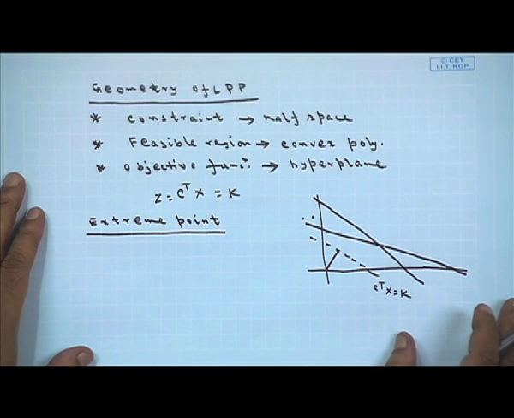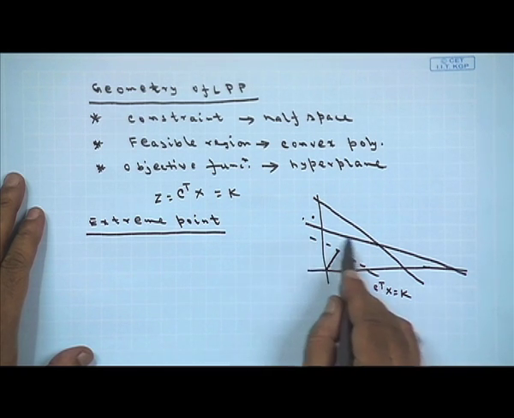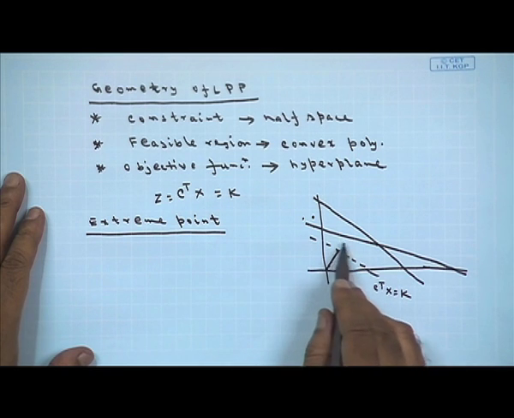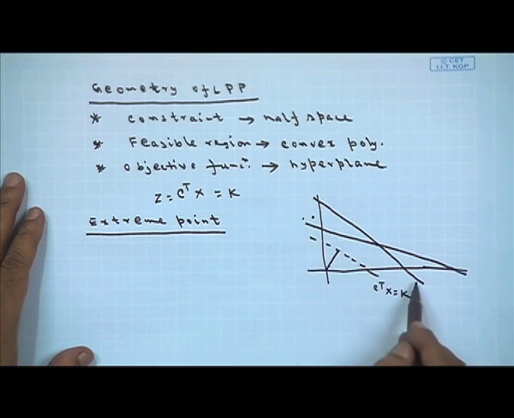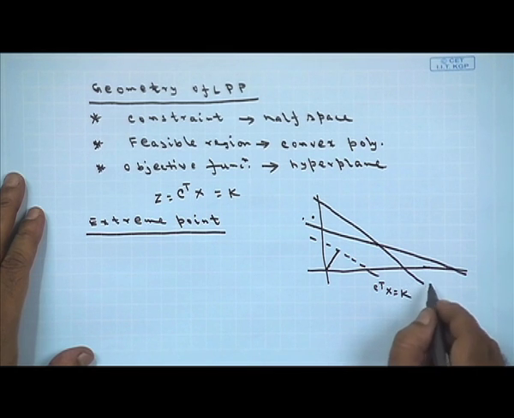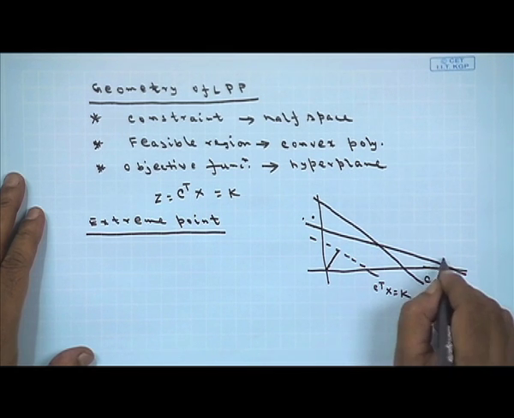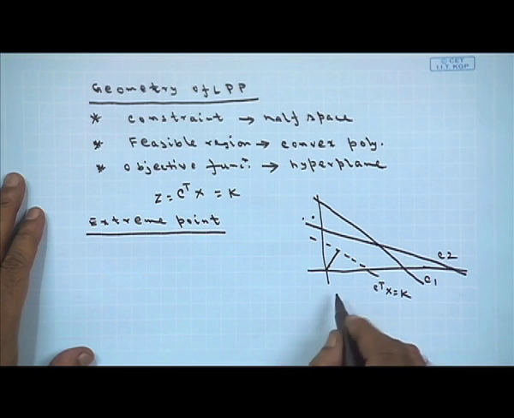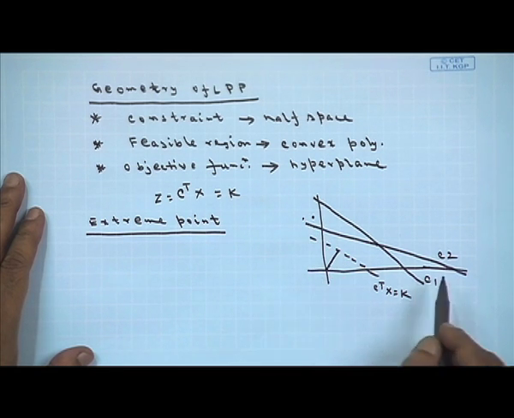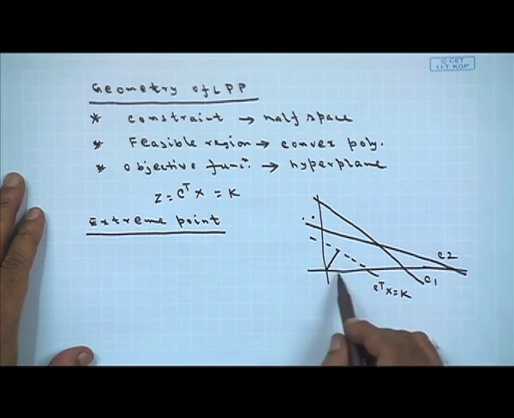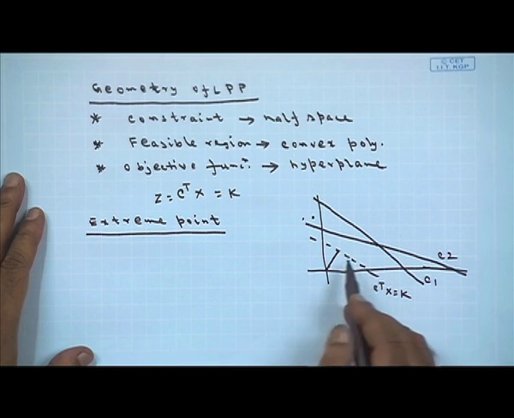So, here if you see, if this is one constraint we have defined using equality sign, and this is another constraint, I am writing this as constraint C1, this one as constraint C2, and since the variables are non-negative, I have to take this axis and this axis on the positive side.